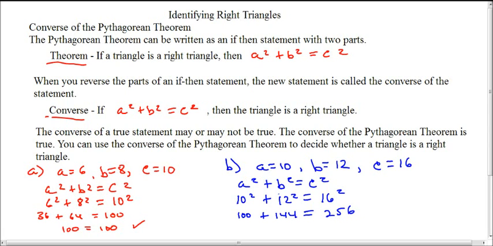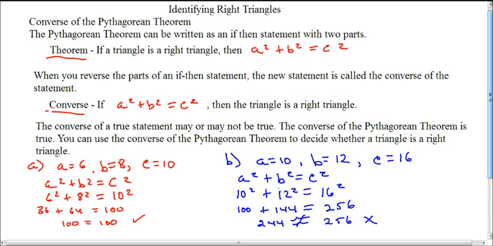Well, anyway, that was not a true statement. 100 plus 144 is 244, which is not equal to 256. So we can say it is not a right triangle.